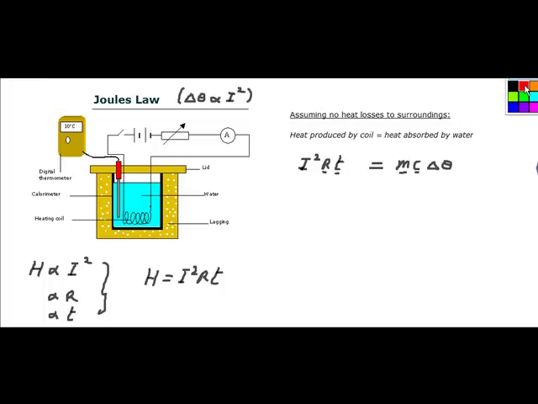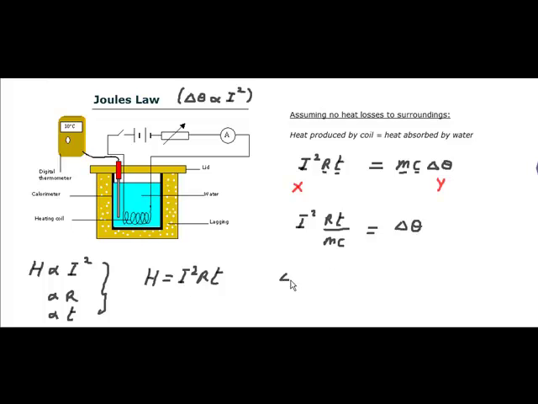And we can call those, as we usually do for graphs, usually you call the thing that you're changing your x value, and the thing that changes as a result is the y value. There's x and there's y. And now we keep in mind our standard formula for the equation of a line in maths. We can rewrite this equation in a more familiar format as y equals mx plus c by dividing across by mc. So we get I squared RT over mc is equal to delta theta.